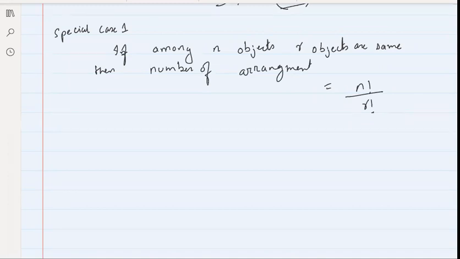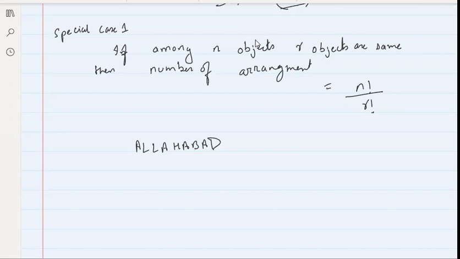Okay. Right now, tell me, in how many ways you can arrange, you just see the example. In how many ways you can arrange the word Allahabad? Think about it. Just think from the example and tell me, in terms of factorial, nothing else.